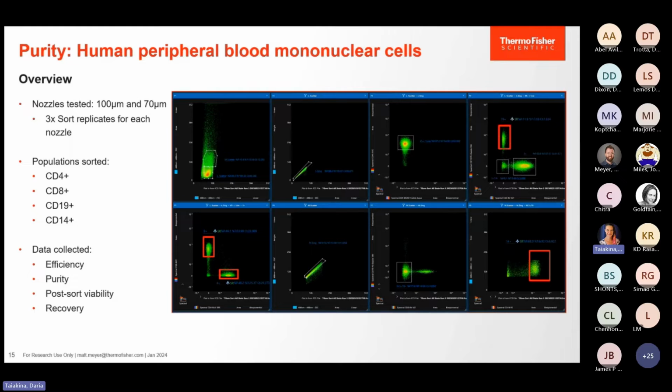That 0.05 is going to be the carryover that was in the sample line. So do a good wash between samples, then reanalyze and do replicates so you can get more statistics on post-sort purity.